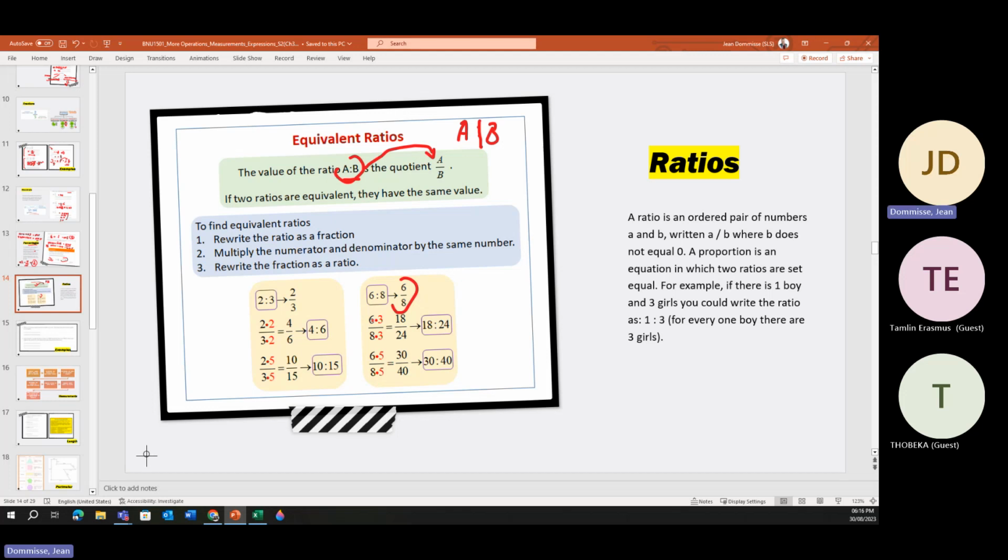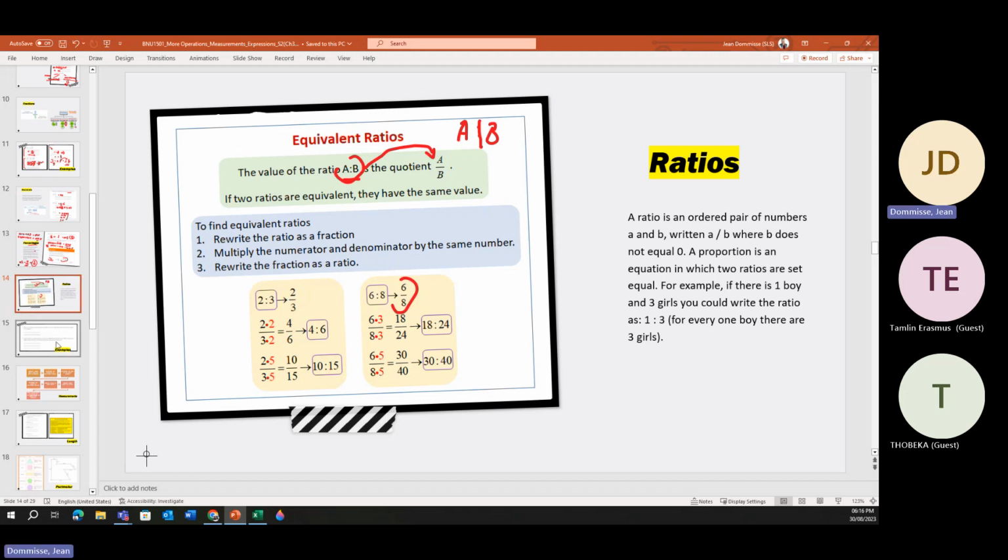Most likely it's a simplified fraction and the simplified ratio that you will work with. Most likely they're not going to ask you to increase it.